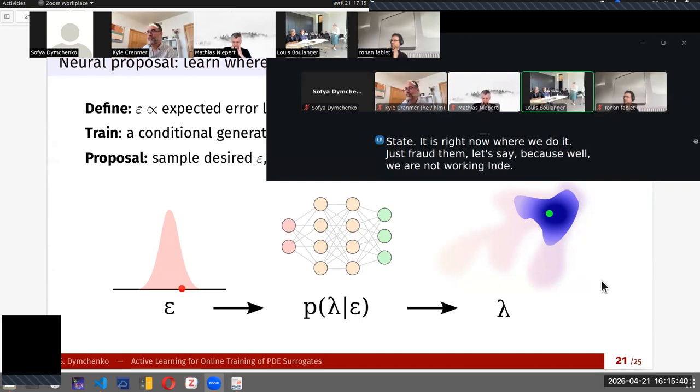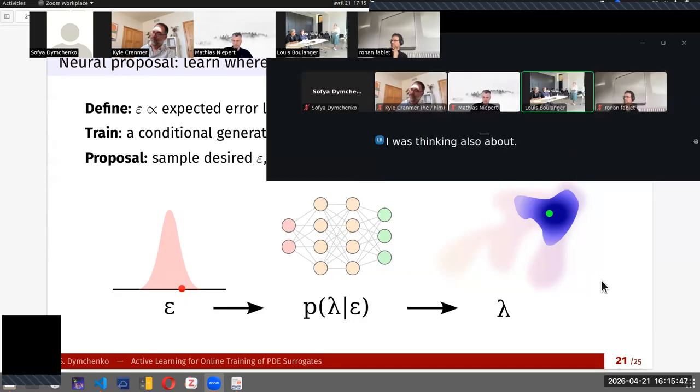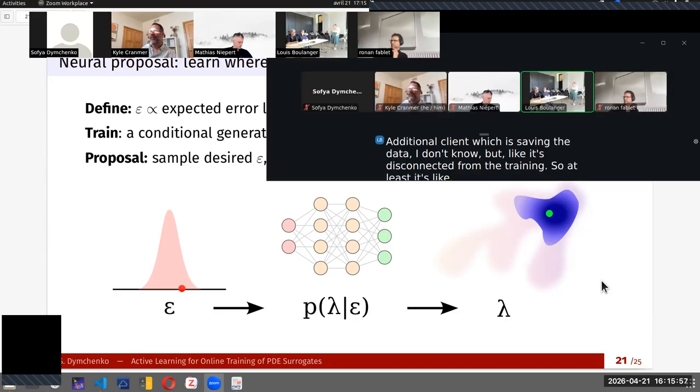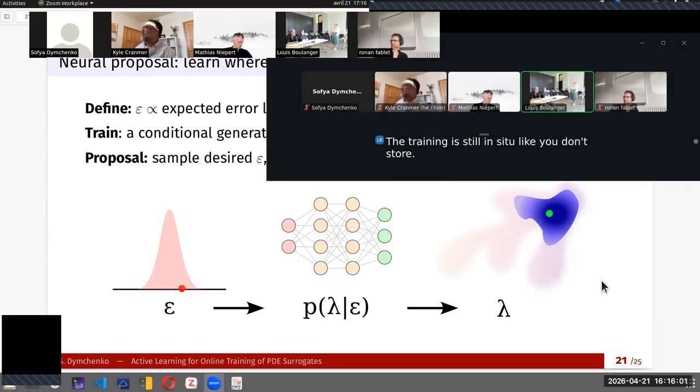But I was also thinking that maybe there is some way where you have an additional client which is saving the data, but it's disconnected from the training, so the training is still in situ and you don't have this IO overhead.